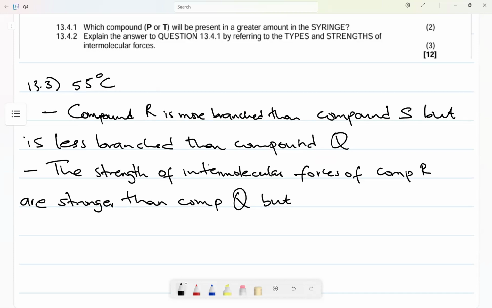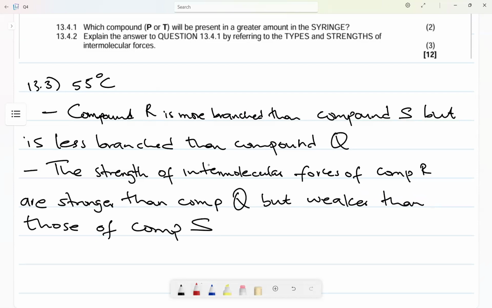But weaker than those of compound S. Why? Because compound S has the longest chain length and it is less branched.